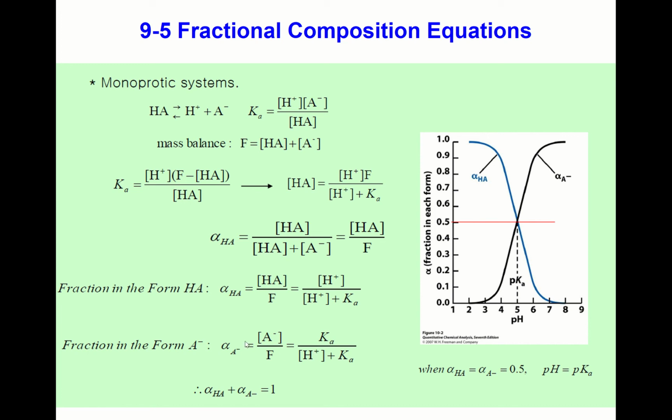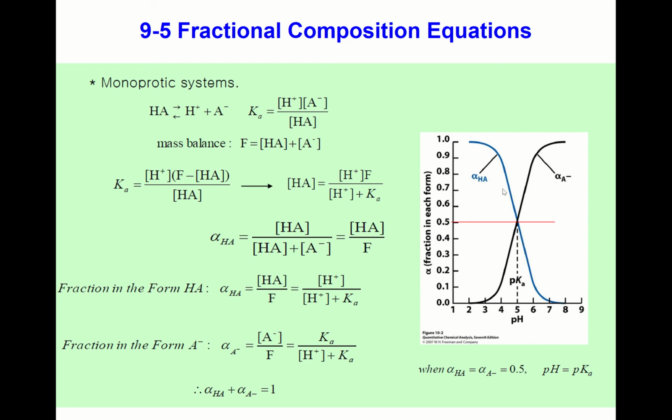Or since alpha HA plus alpha A minus is 1, once you calculate alpha HA, to calculate alpha A minus you simply subtract it from 1. And this holds all the time for a monoprotic acid.